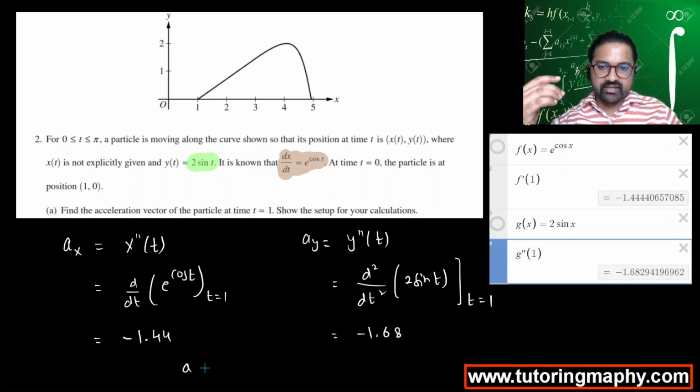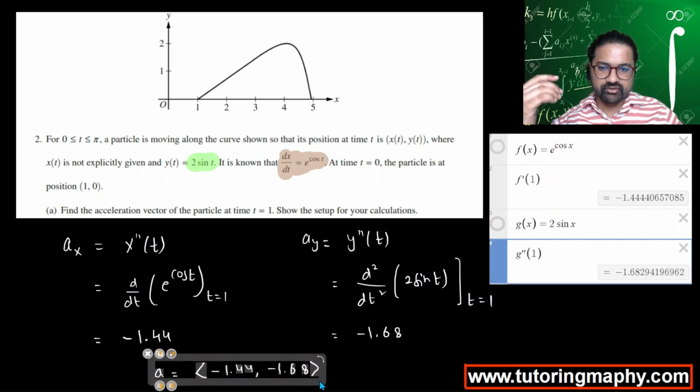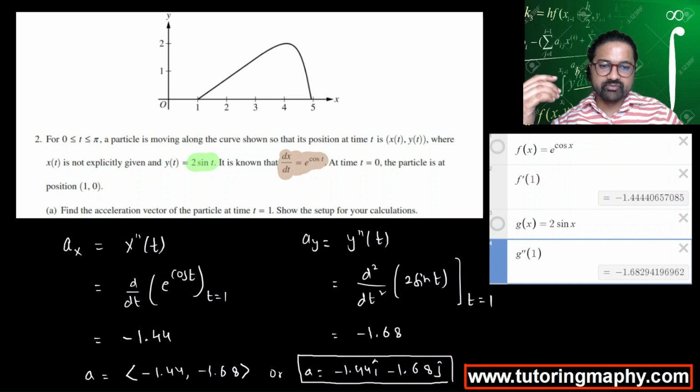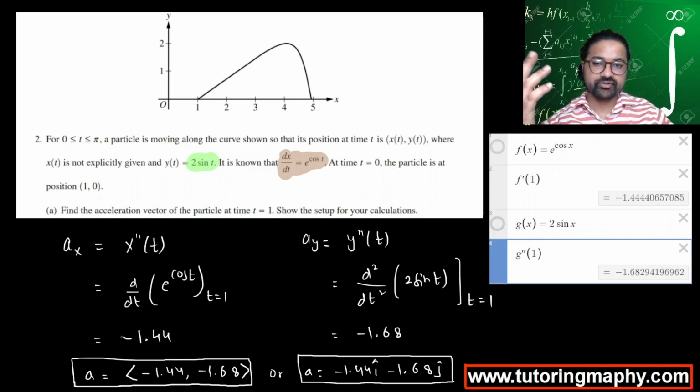I'm going to write the acceleration vector in vector form as negative 1.44 comma negative 1.68, either like this, or if you are a big fan of i hat and j hat, you can also write negative 1.44 i hat minus 1.68 j hat. Both are acceptable answers, there is no right or wrong answer, both are correct. But make sure we write that in vector form because they are clearly asking for the vector form over here.